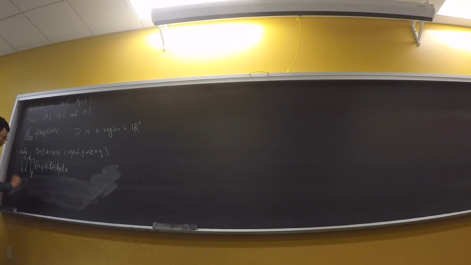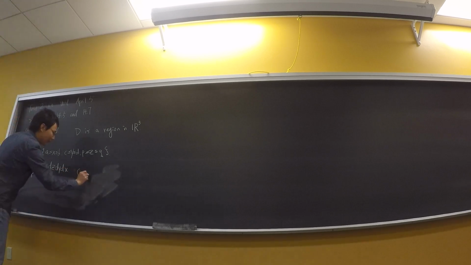And there are 6 different integrating orders. And I can practice one more. For instance, I fix my integrating order to be dy, dz, dx. What should I have? c to d.